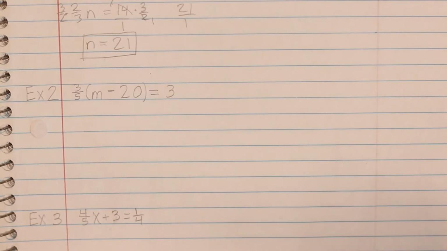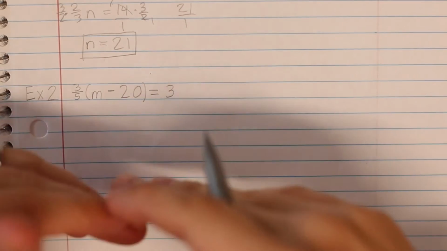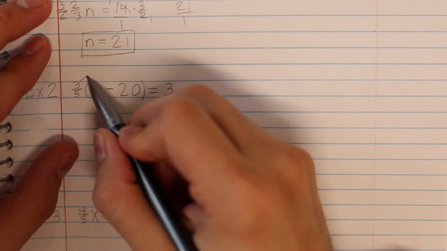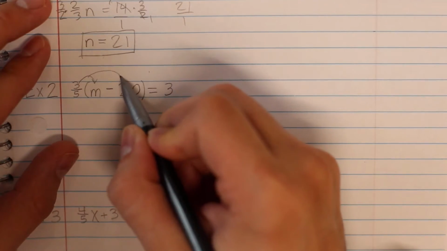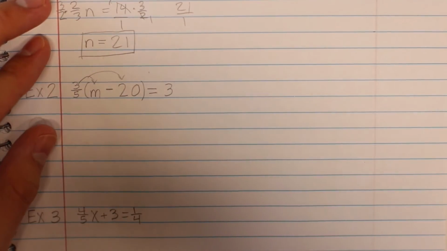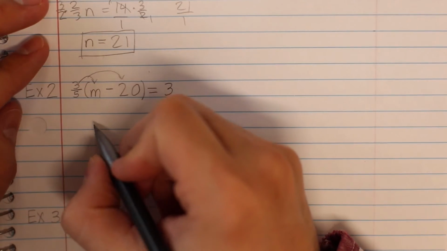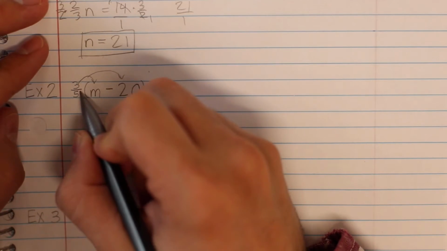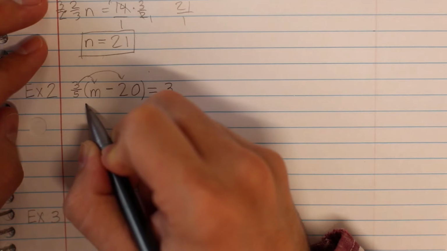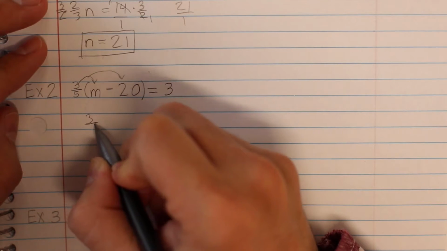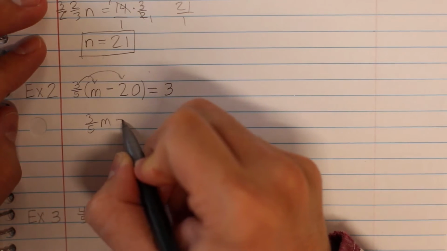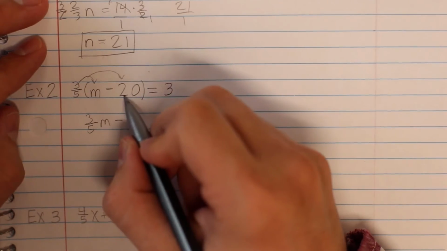Once again, a problem where we have a number up against a parenthesis. It'd be a good idea to go ahead and distribute this to get rid of it, is one method we could use. So 3/5 times m would give you 3/5 m minus, and now 3/5 times 20.